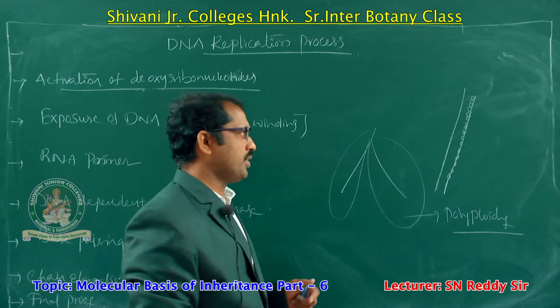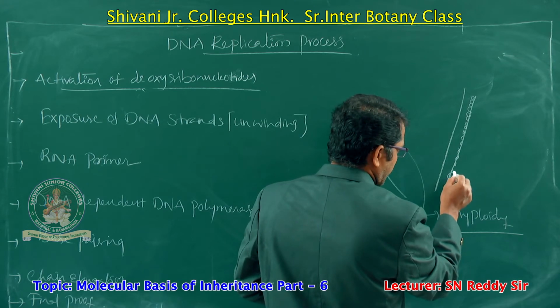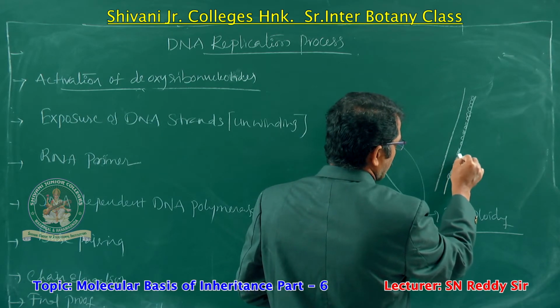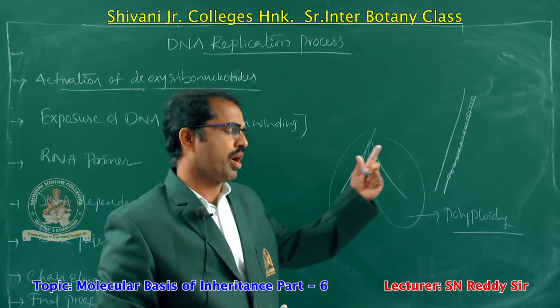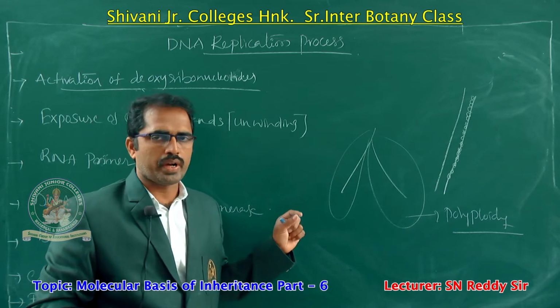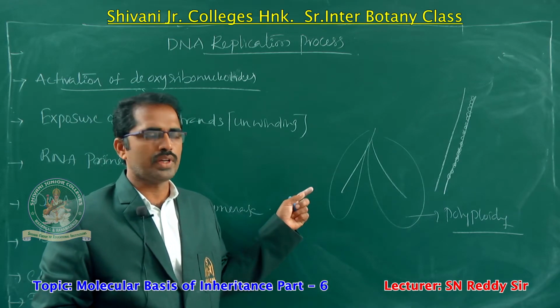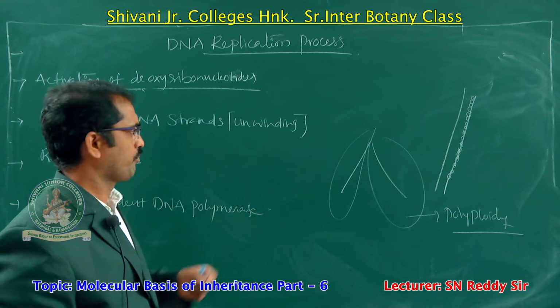In this polymerization mechanism, what is the first step? The substrate is a number of new nucleotides to be added. But directly these nucleotides will not be added. First of all, we activate the nucleotides, for which we use some enzymes and energy sources.